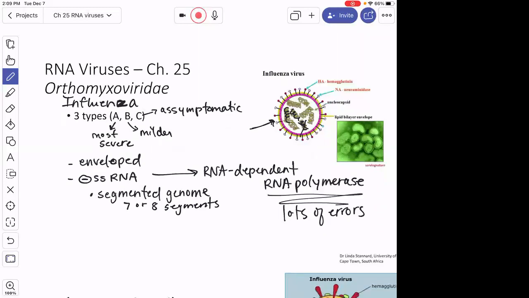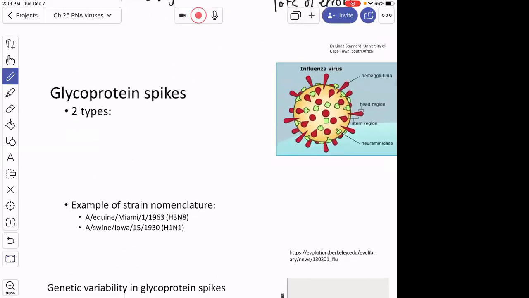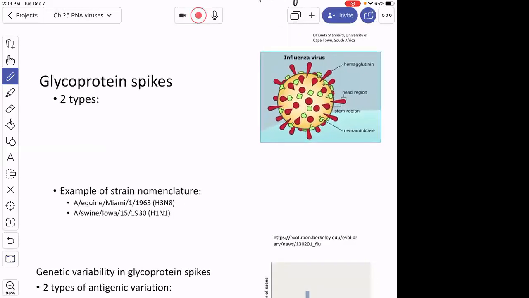All right, another hallmark of influenza virus is, like lots of viruses, they have glycoprotein spikes. Okay, so there's two different kinds. Hemagglutinin.